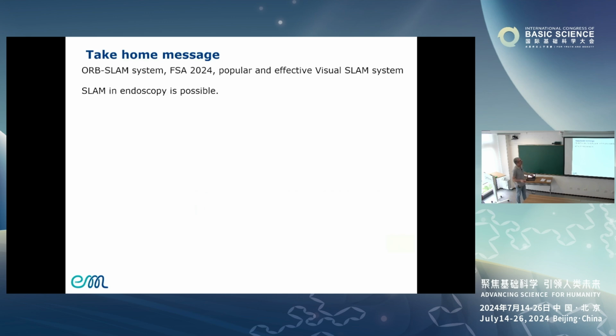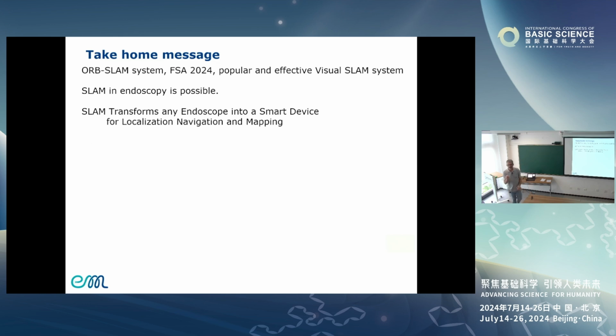So, the take-home message of this talk: first, ORB-SLAM, awarded the FSA award, is a popular and effective visual SLAM system. The second is that SLAM in endoscopy is possible. Our understanding is that now an endoscope is just a camera that is filming. At most they record the result.